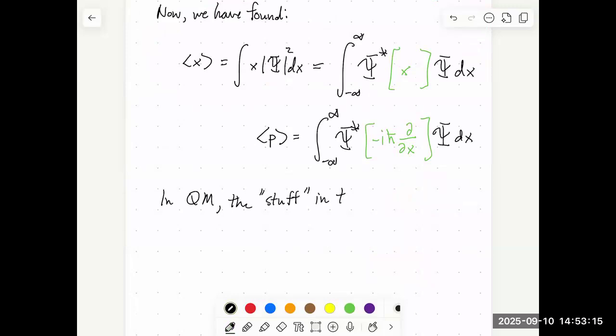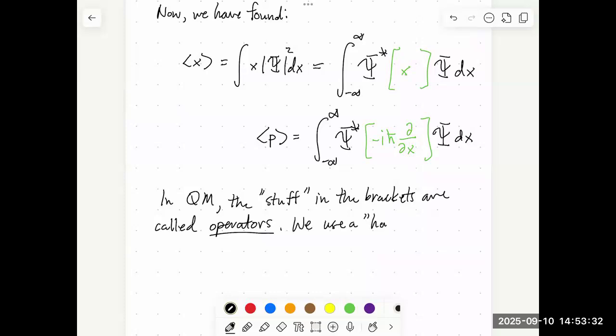So in quantum mechanics, the stuff in the brackets are called operators. We use a hat notation to identify objects as operators.